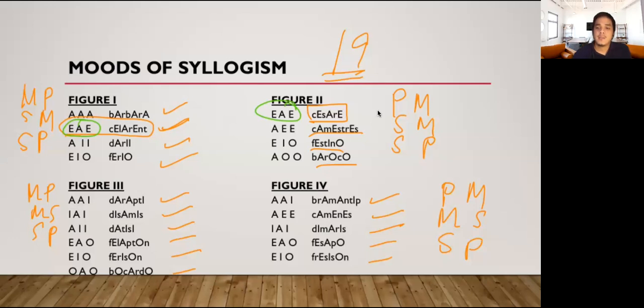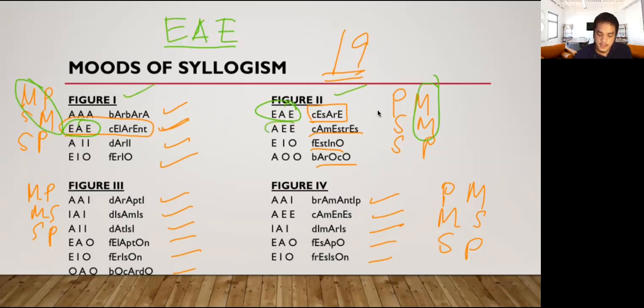No. Ultimately, they can't be the same. Why not? Because figure 2 is different from figure 1. So if you only say EAE in your answer, this becomes wrong, because EAE can be found in figure 1 and figure 2.